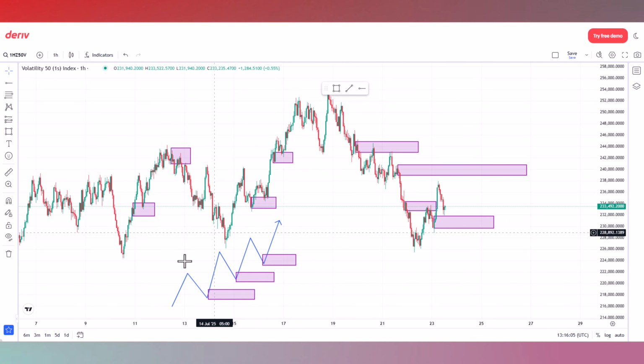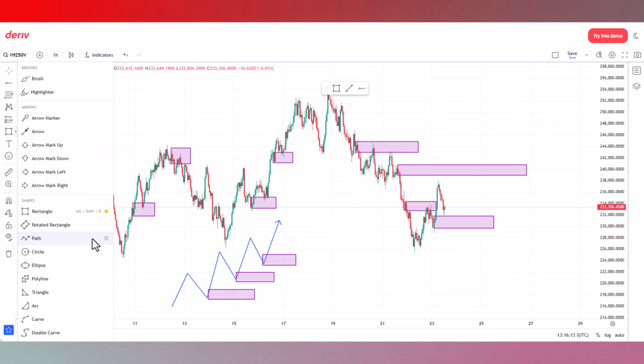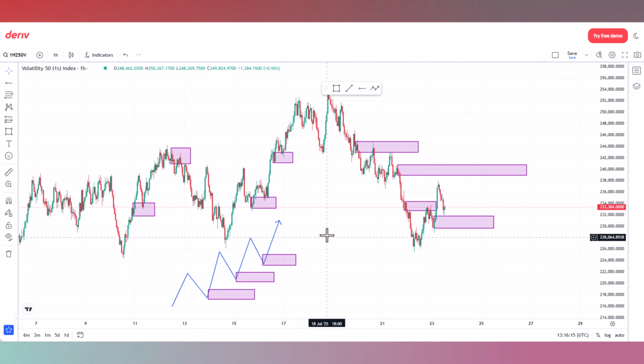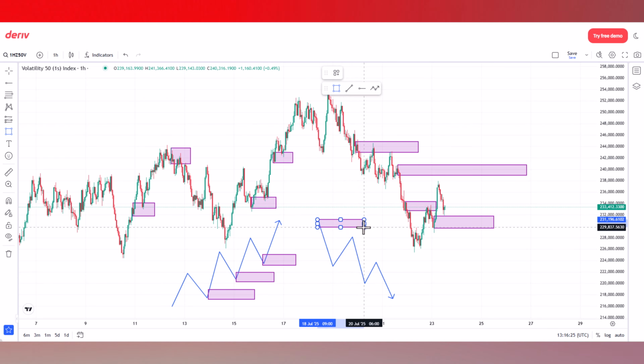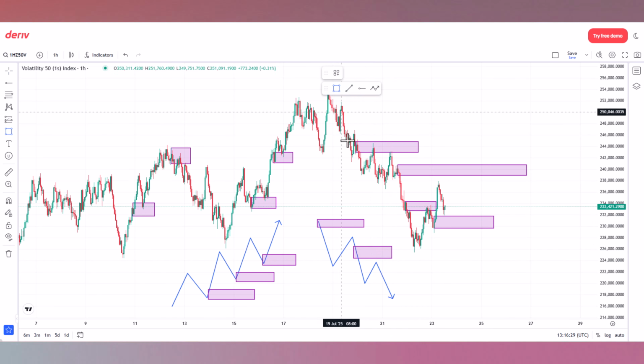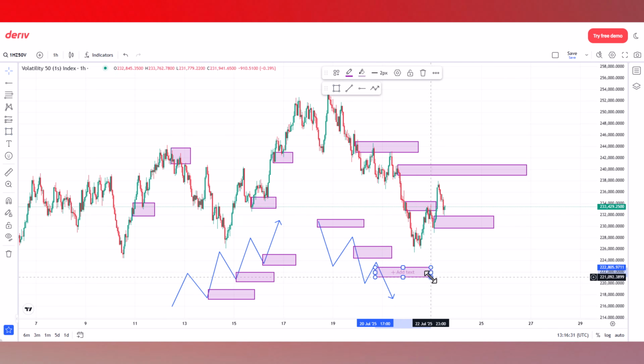So here, this is an example of an uptrend, and the downtrend will be a mirror of that, or an inverse of that. I think inverse is the right English. So it will be looking like this. This will be the downtrend, and on the downtrend, you are going to be marking bearish order blocks like this. And these are the order blocks that you are going to be trading from.